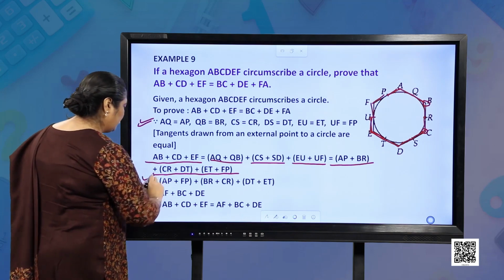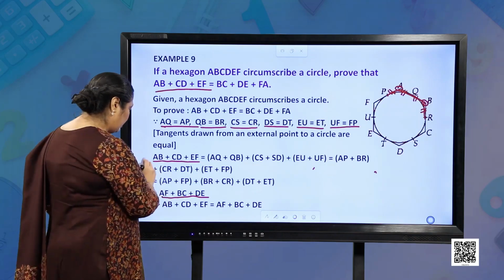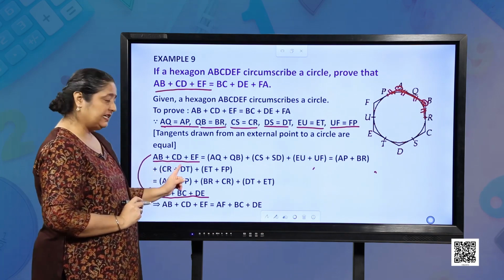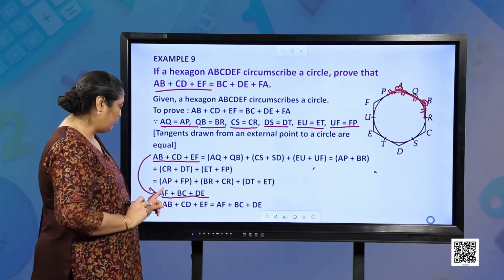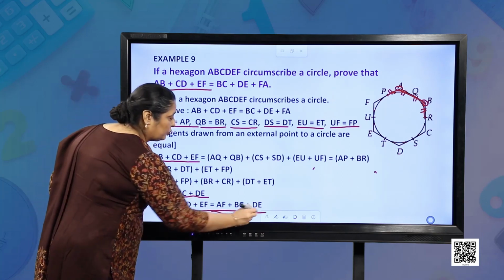So, what we have is AP plus FP, BR plus CR, DT plus ET. Adding these three, we get AF plus BC plus DE. This is what we had to find: AB plus CD plus EF is equal to AF plus BC plus DE. This is what we had to prove.